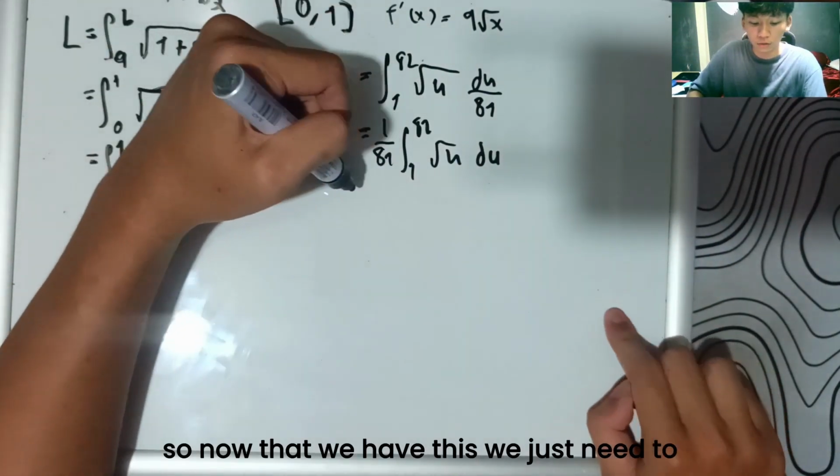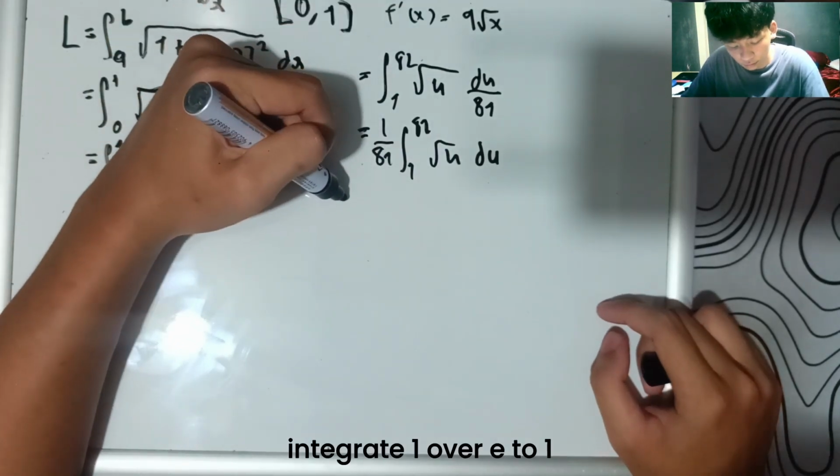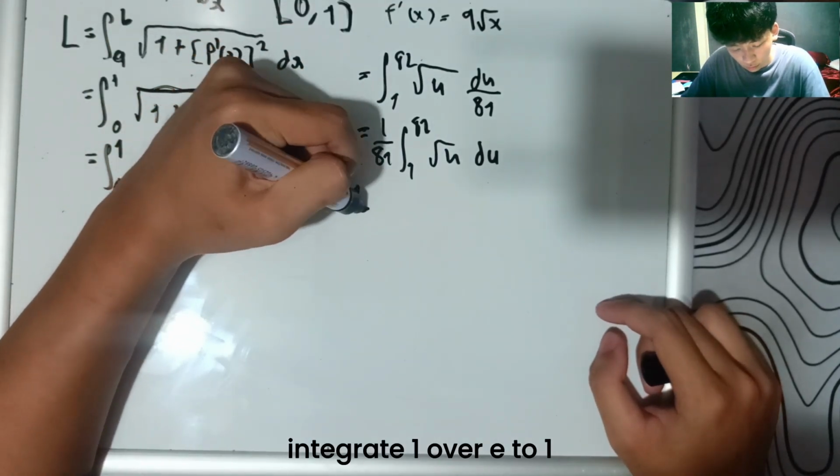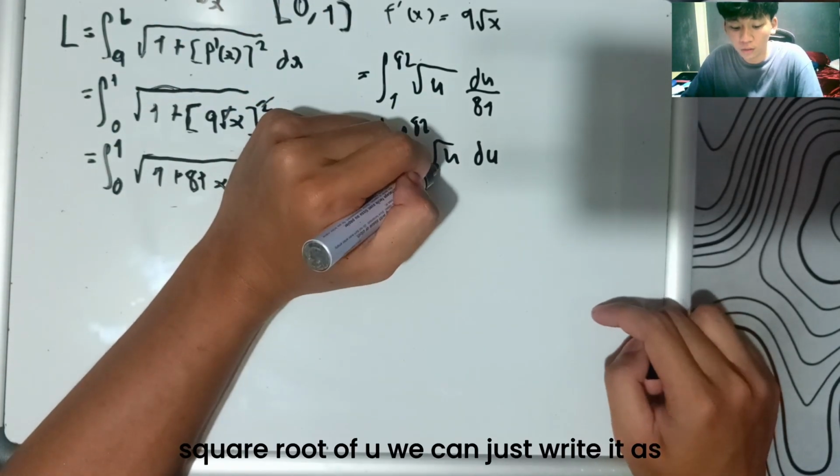So now that we have this, we just need to integrate 1 over 81 times square root of u.